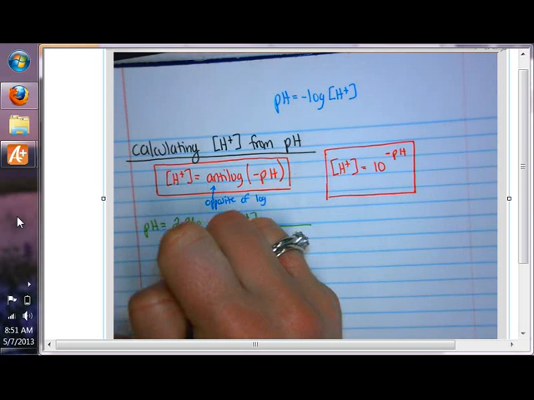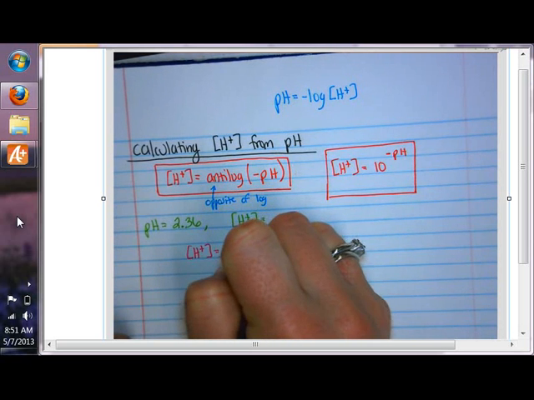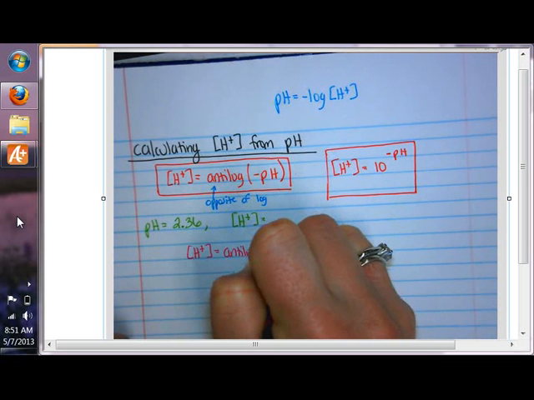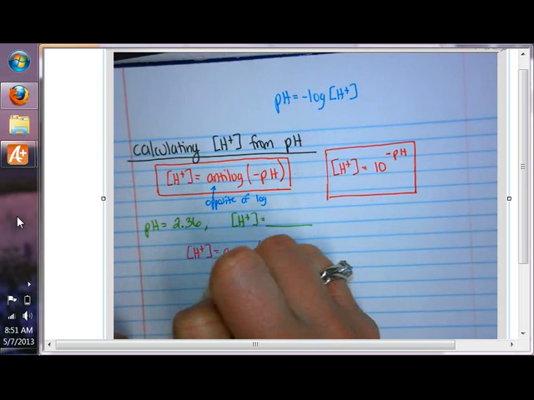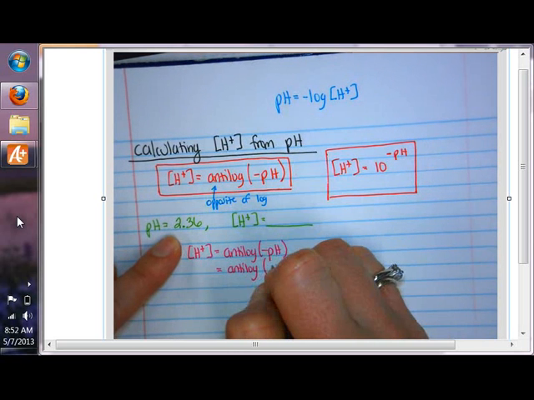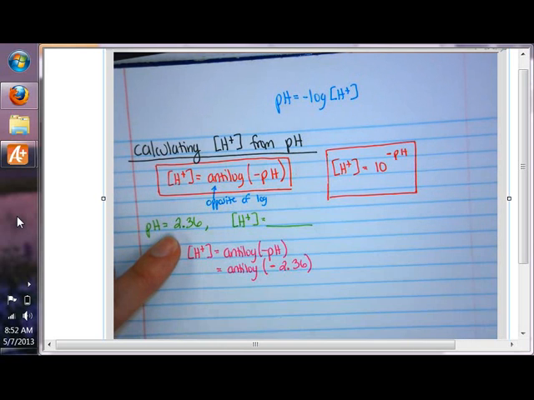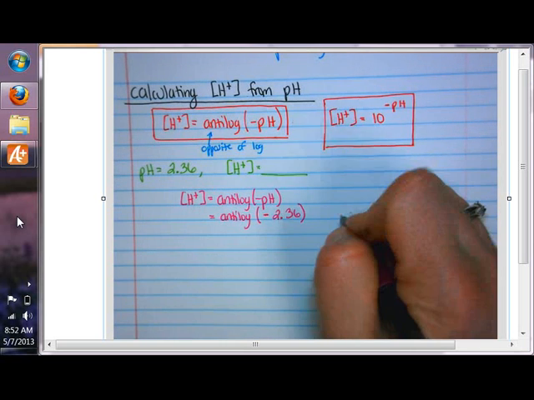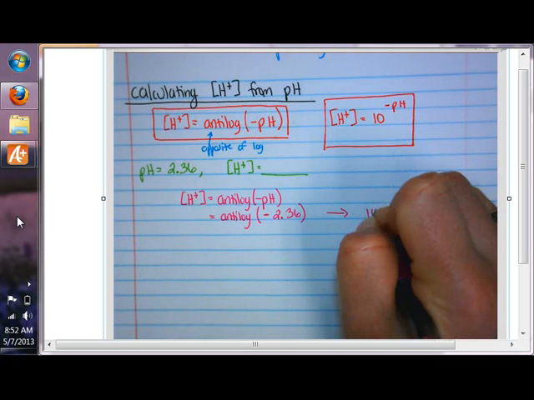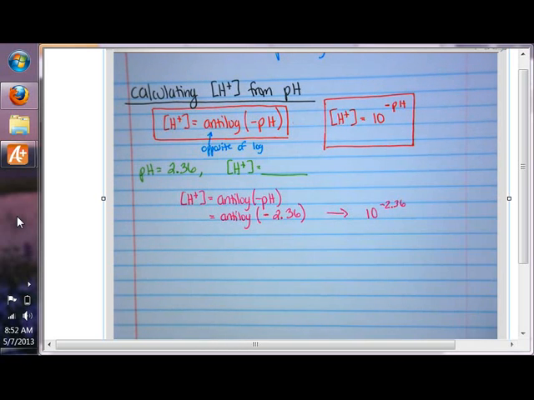So all I need to do is, for this one, I have my formula, the concentration of H plus equals the anti-log of negative pH. So that's going to be the anti-log of, here's my pH, of negative 2.36. I could also think of this as 10 raised to the negative 2.36, if you'd like to think of it that way.